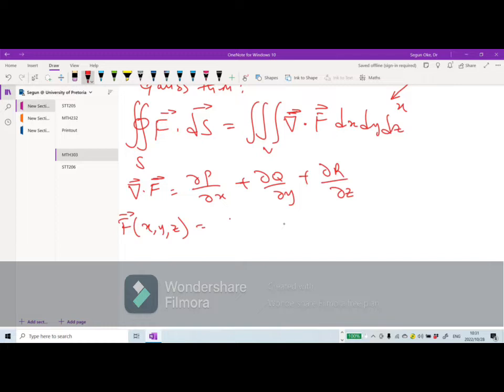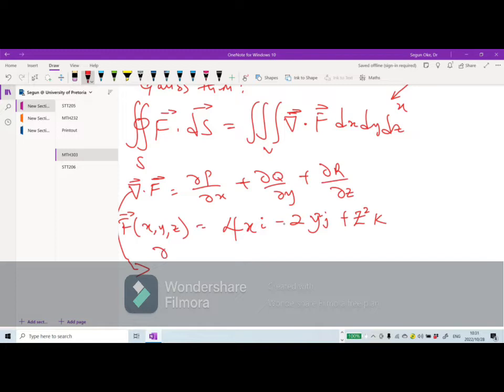We know our F from day one to be F of x, y, z, the same thing as 4x i minus 2y squared j plus z squared k. So if we want to solve this using this method, what are we going to have?